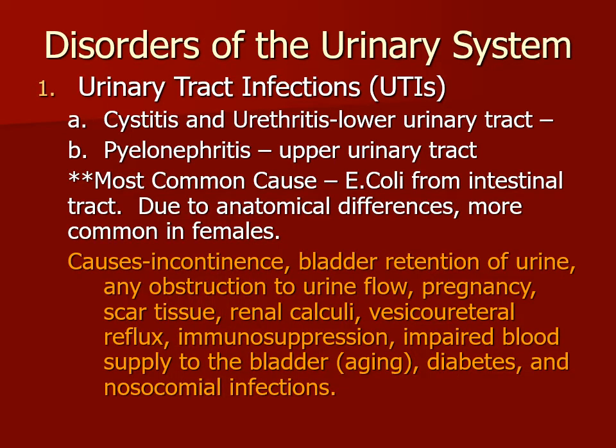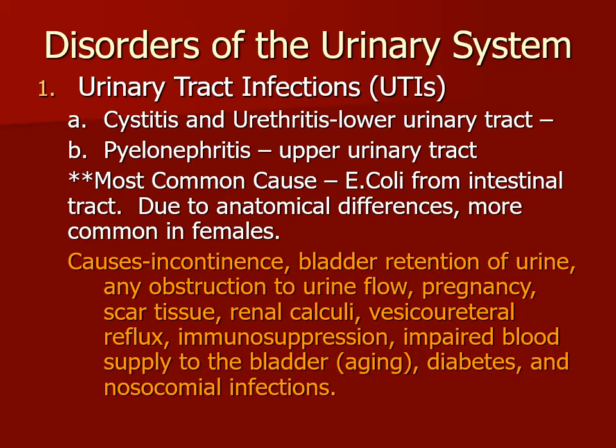Disorders of the urinary system. Urinary tract infections are extremely common. Cystitis and urethritis are infections of the lower urinary tract, and pyelonephritis is an upper urinary tract infection. The common causative agent is E. coli, and this comes from the intestines.